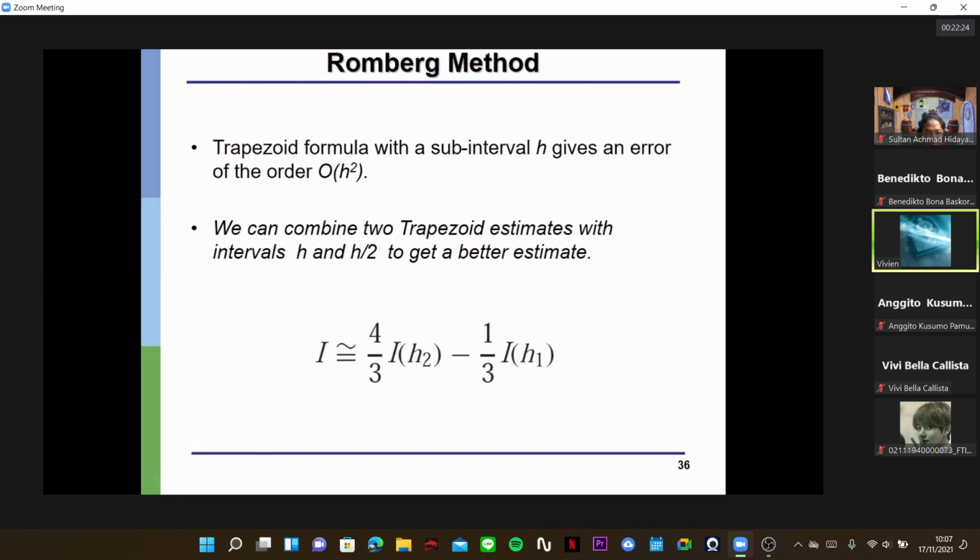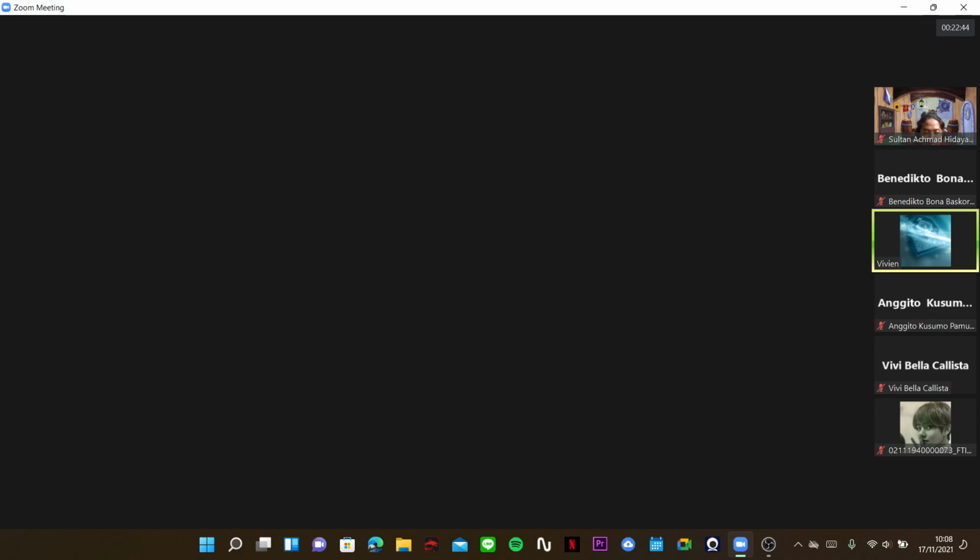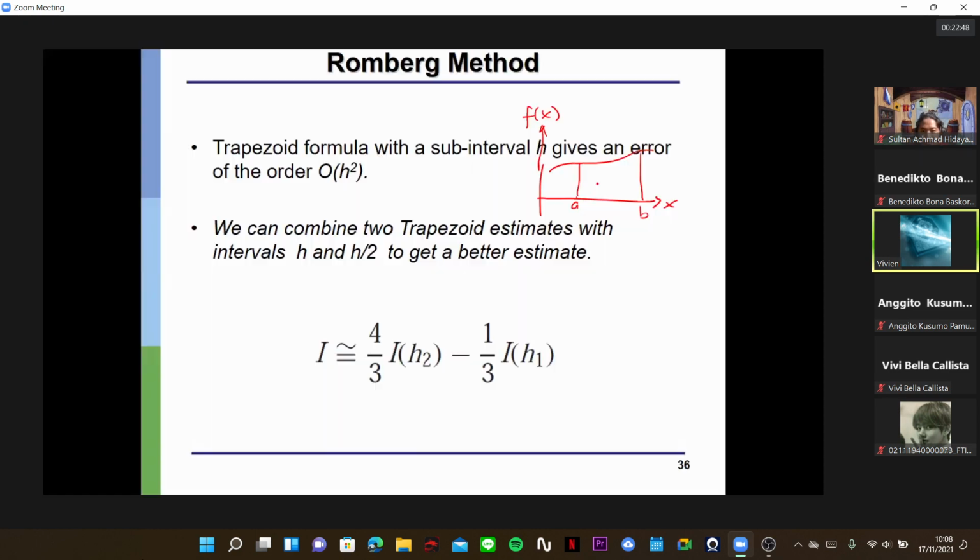So what does that mean? For example, we have a function like this one, in which we have f(x) and x here, and then we want to integrate from a to b. When we want to integrate from a to b, we can apply multiple segments.